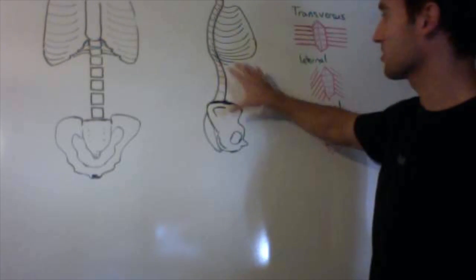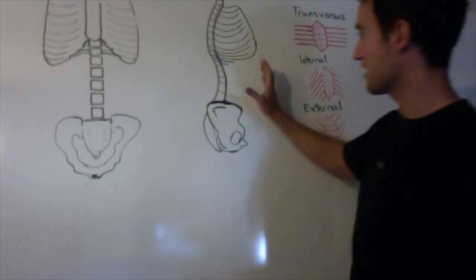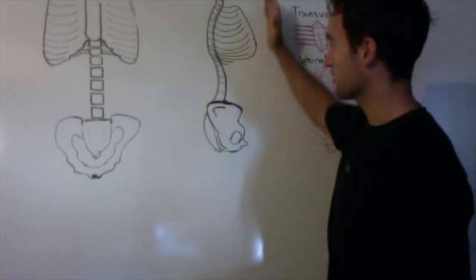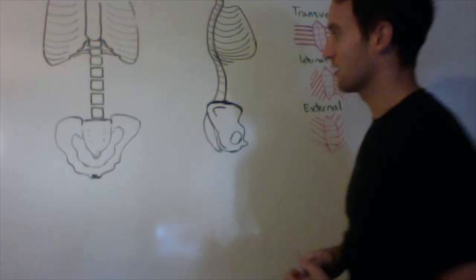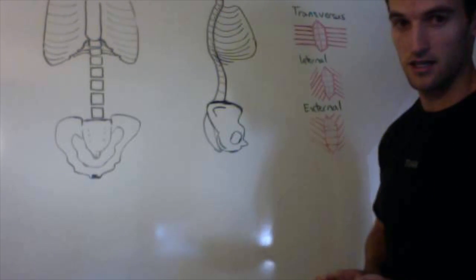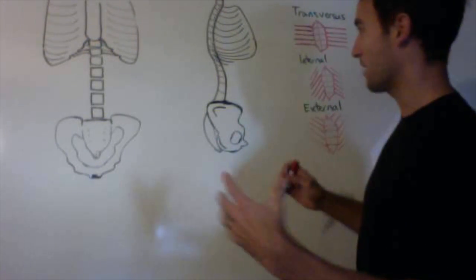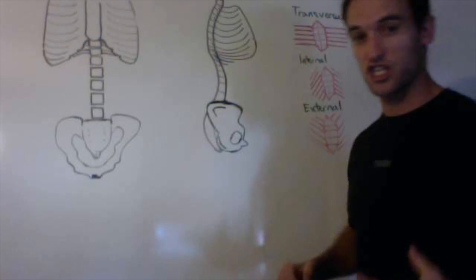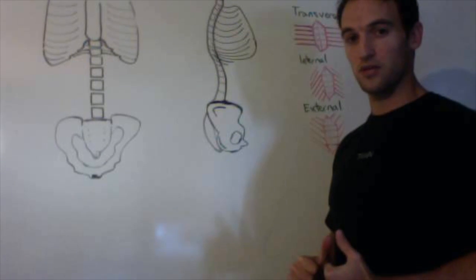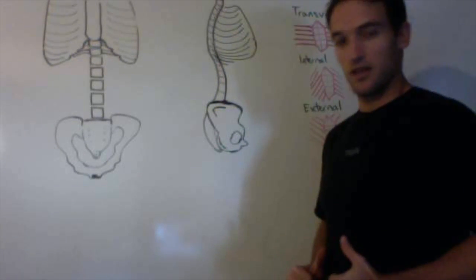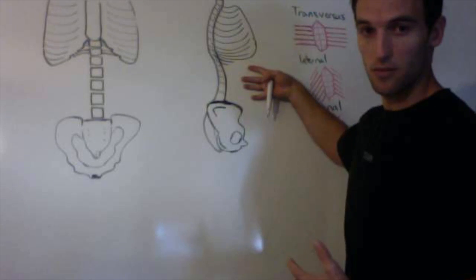If there were no muscles here, nothing to generate enough stiffness to hold the upper body up, the spine would just collapse like this. So, luckily, we have an abdominal cavity that we're able to generate an increased amount of pressure that essentially fills up like a balloon and pushes up and supports the front part of our body.